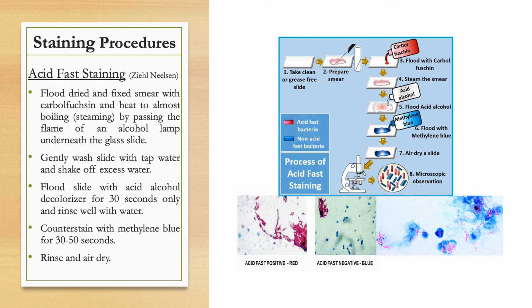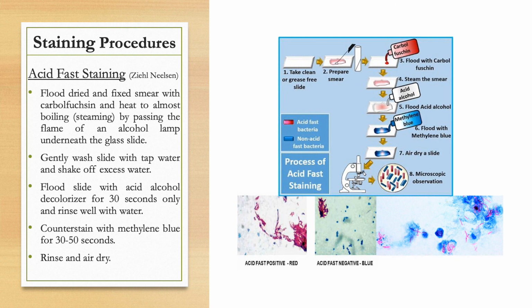You see, mycobacteria have special components in their cell wall, such as your mycolic acid and a sort of waxy complex. All right, so usually these components do not allow your dye to penetrate the cell wall of your bacteria, of your mycobacteria rather.